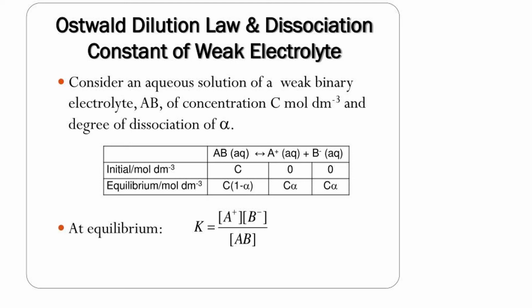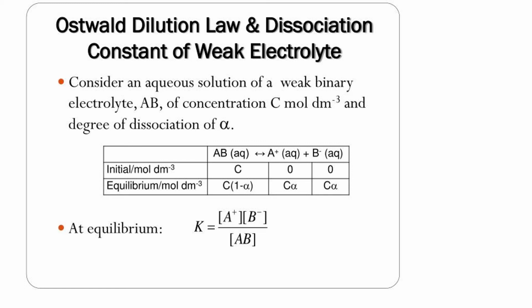The concentration at the initial stage is C, and at the final stage is 0. So at equilibrium, alpha is the degree of dissociation. So C alpha and C alpha for A and B, and the concentration of AB will be equal to C into 1 minus alpha.